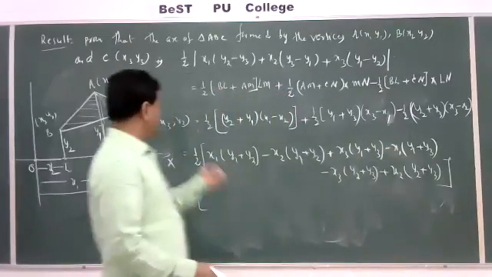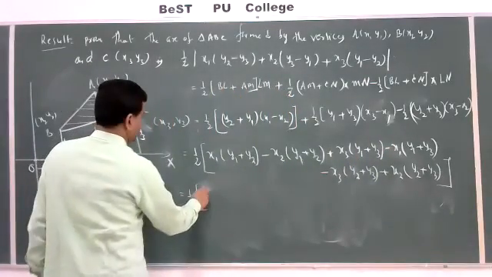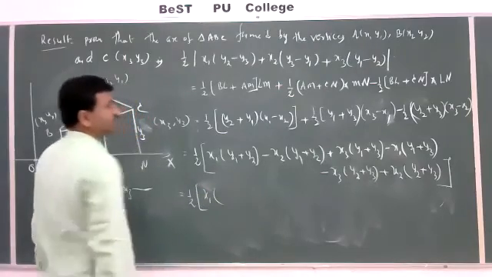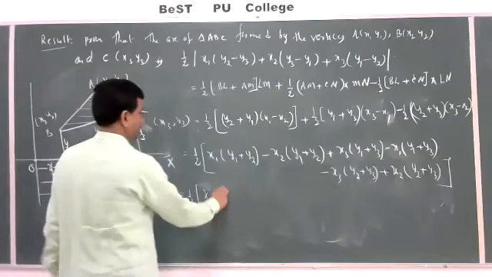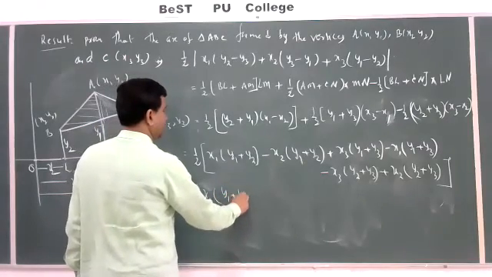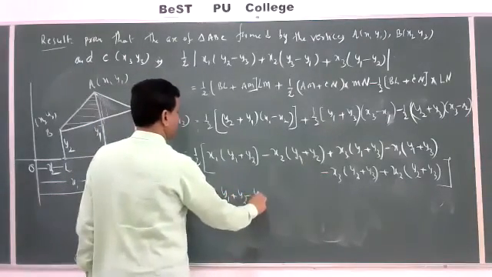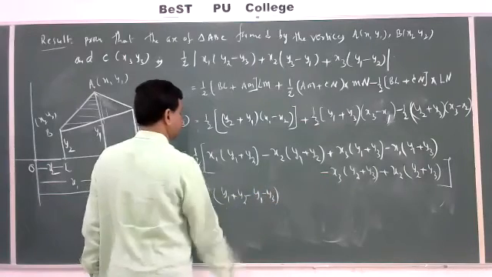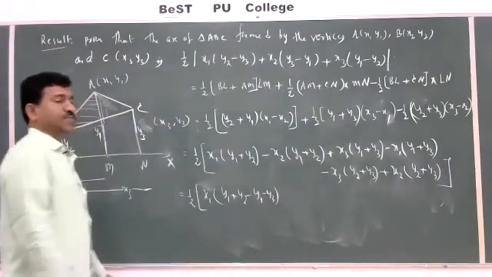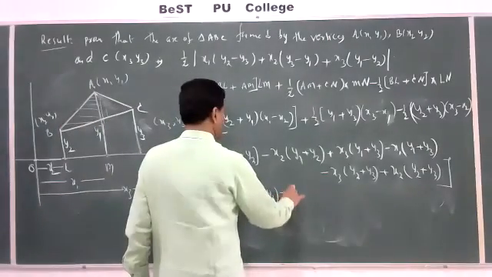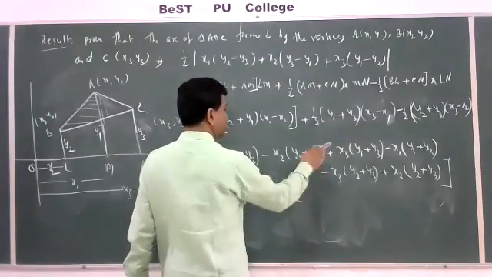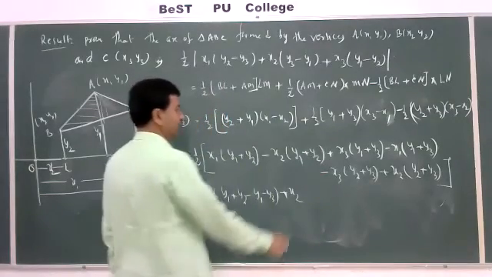First taking x1 common. Write the remaining: y1 plus y2 minus of y1 minus of y3. Next term we will get the answer. Next, x2 common. In x2 terms, second term and last term. x2 common.